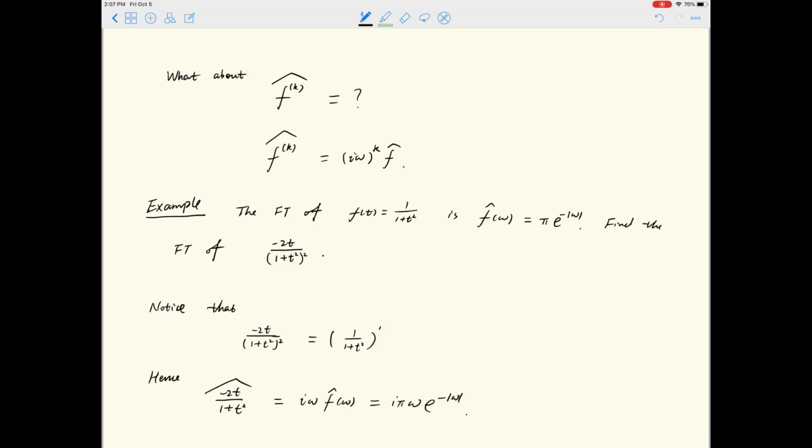Now, some of you probably are wondering whether these materials will be on the exam. The good news is no. The materials we talked about today, these two new rules, the symmetry rule and the differentiation rule, will not be on the exam.